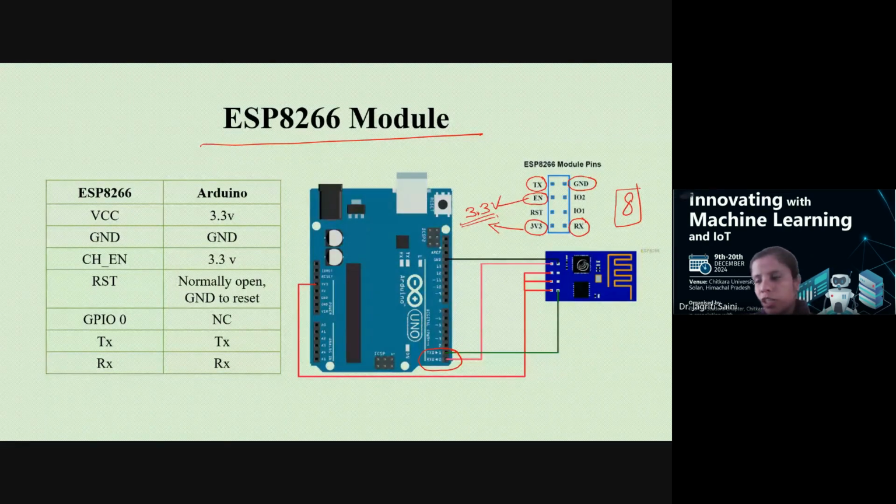Others, we already know where they are going to be connected. Remaining these 3 pins are not used for setting up a Wi-Fi connection, or for setting up a gateway with ESP8266. So accordingly, we can just keep them not connected. So this circuit again will be followed while setting up your hardware and software for the system.